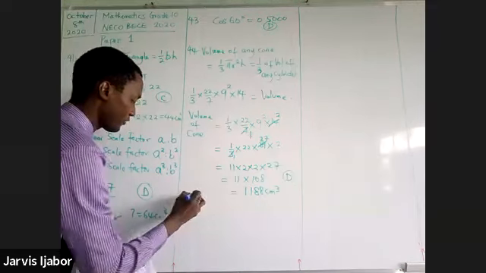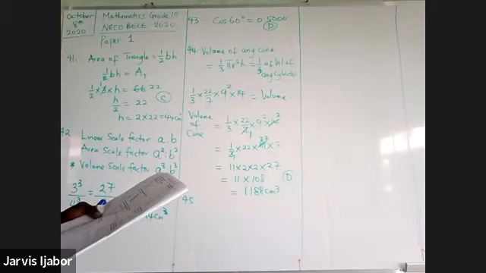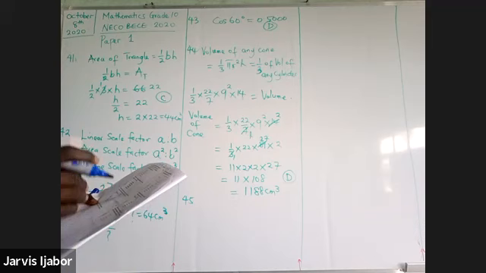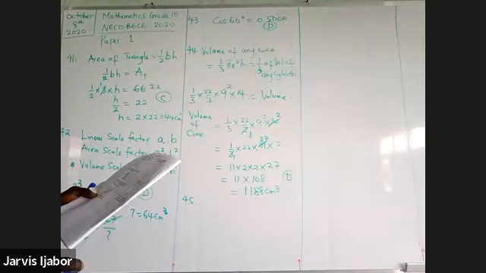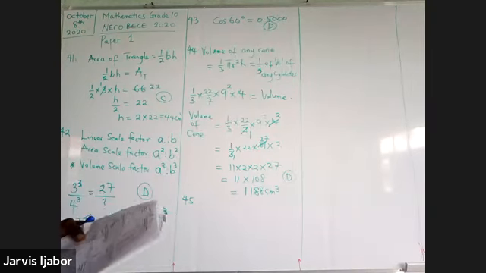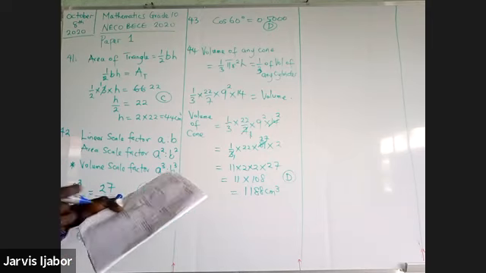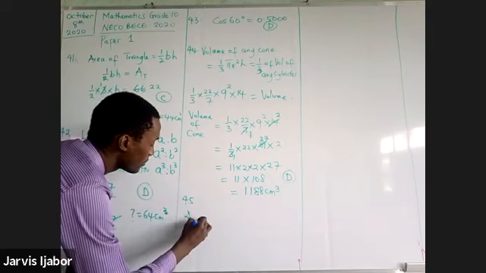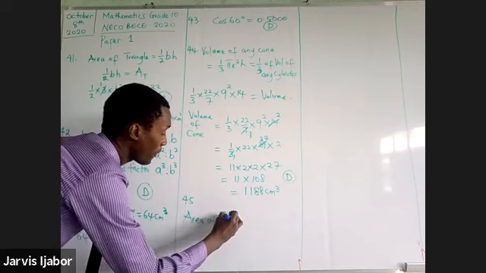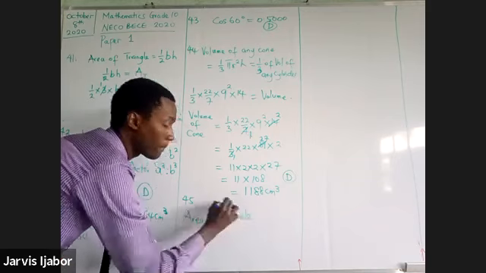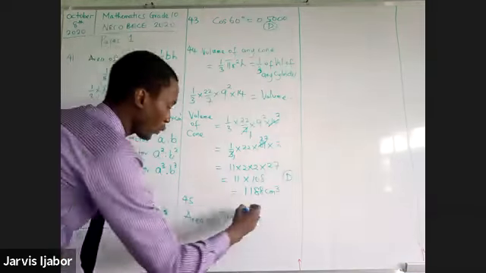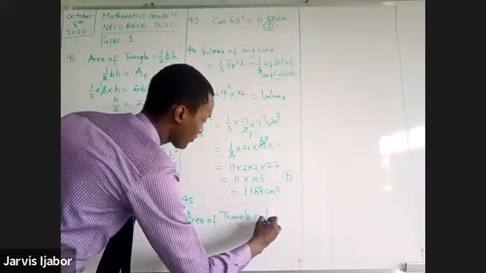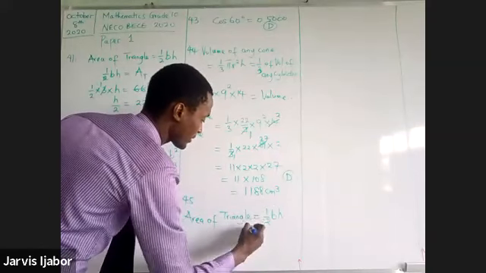What about 45? We are told to find the area of a right-angled triangle whose base is 3 cm and height is 4 cm. Now, the area of a triangle will be equal to half the base times the height.